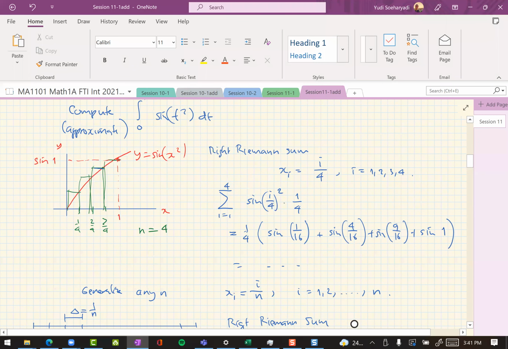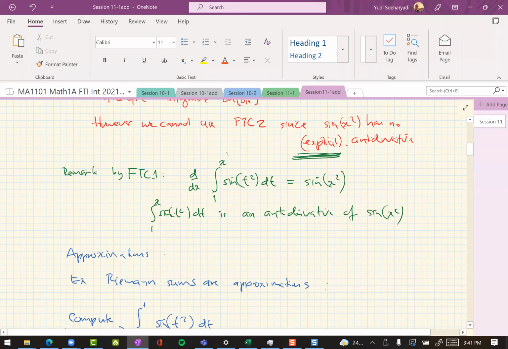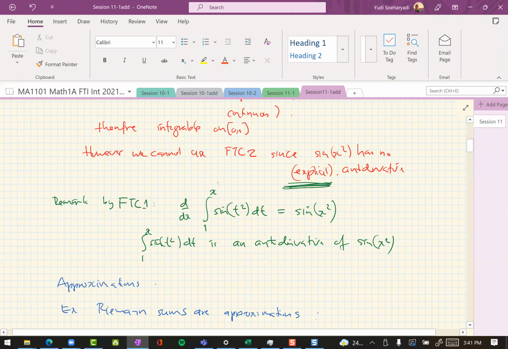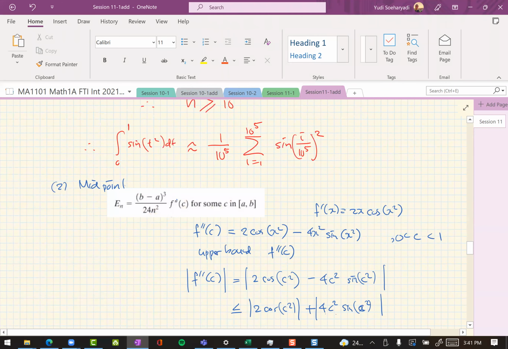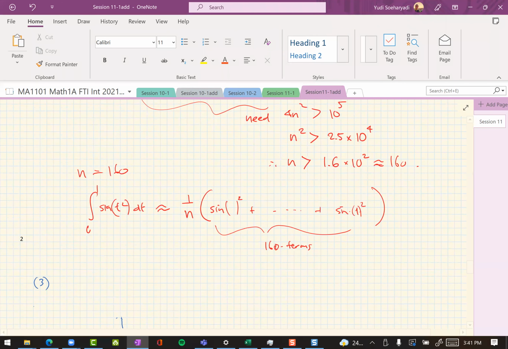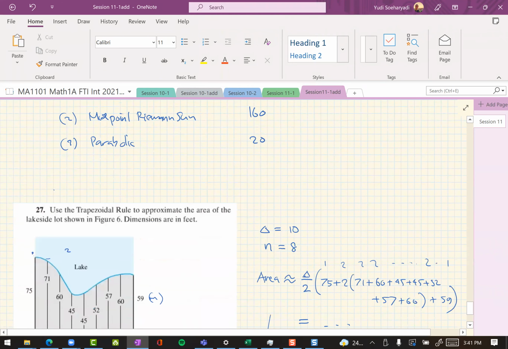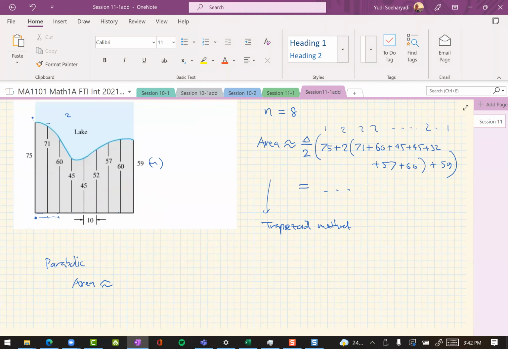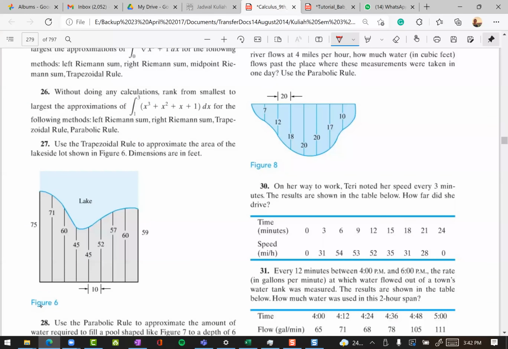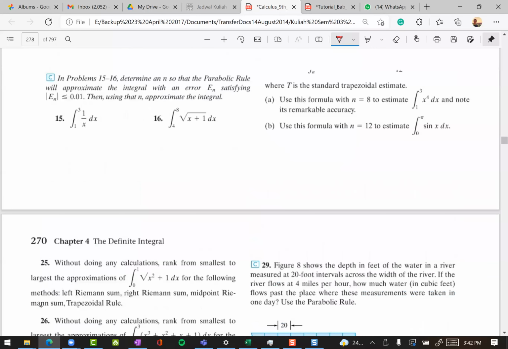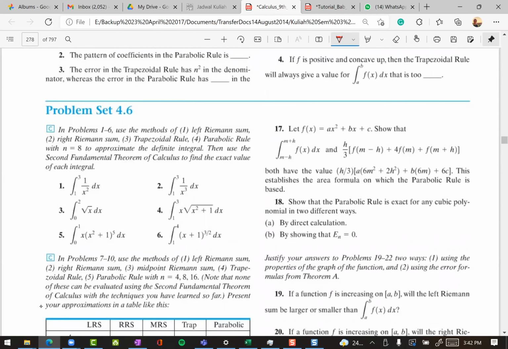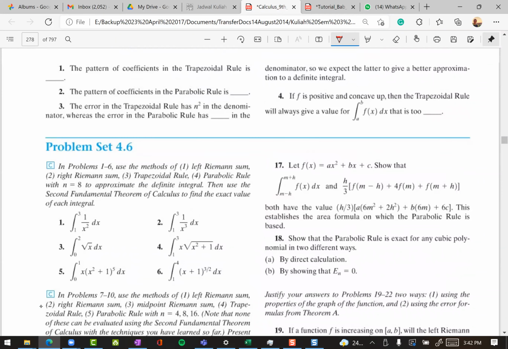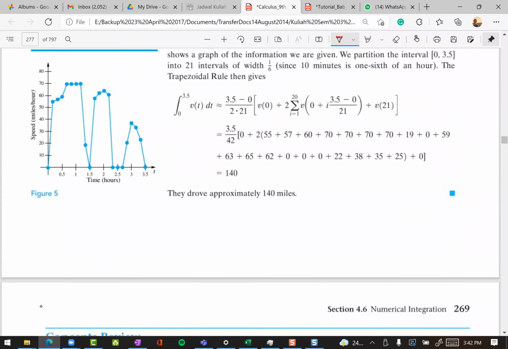No, sorry. So let's go to the textbook. Now 8 is even, so we can use parabolic because parabolic requires an even number of subdivisions.